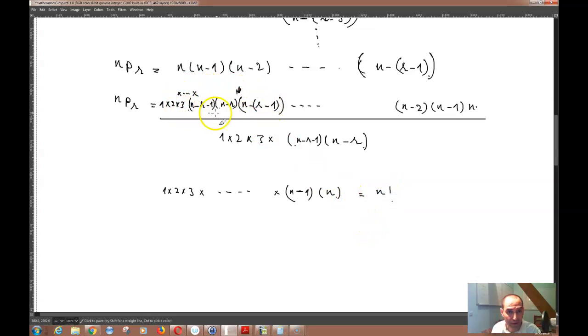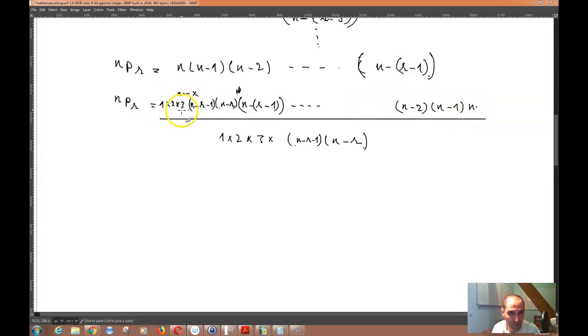Now, in this part over here, your numbers start from 1 and go all the way up to n, and before n you have n minus 1, and before that you have n minus 2, so there is no problem with that.